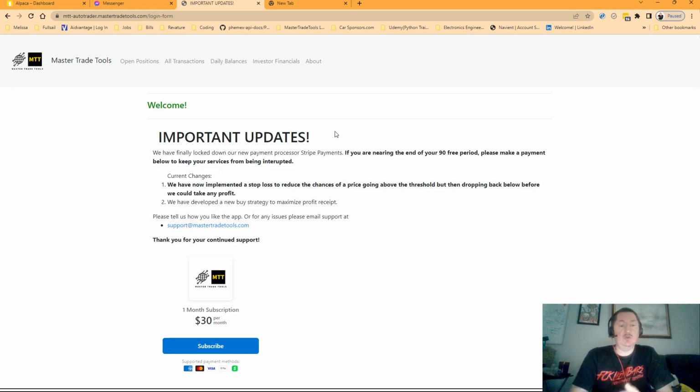If you're a new user or new customer, welcome. You will also see a set of setup instructions for when you first log in after creating your account. Hold on, rewind.